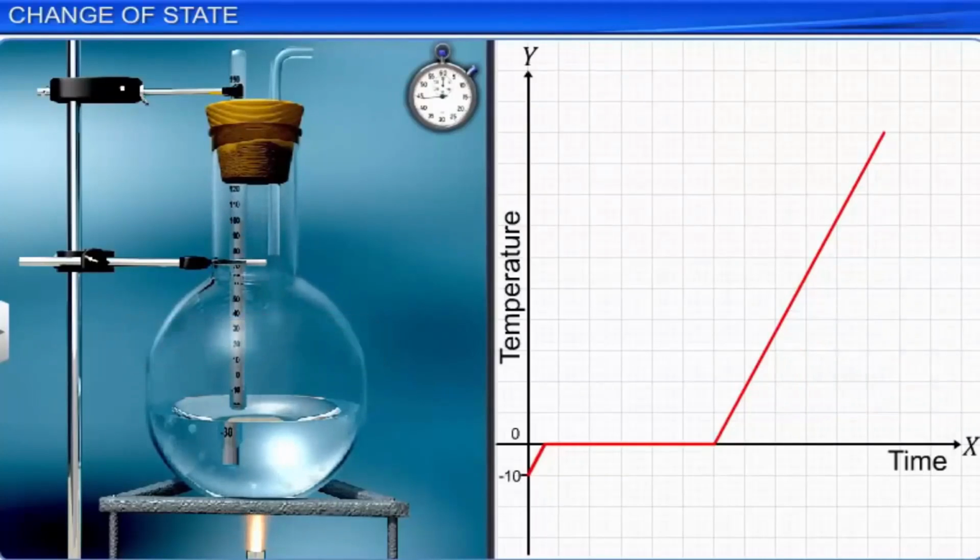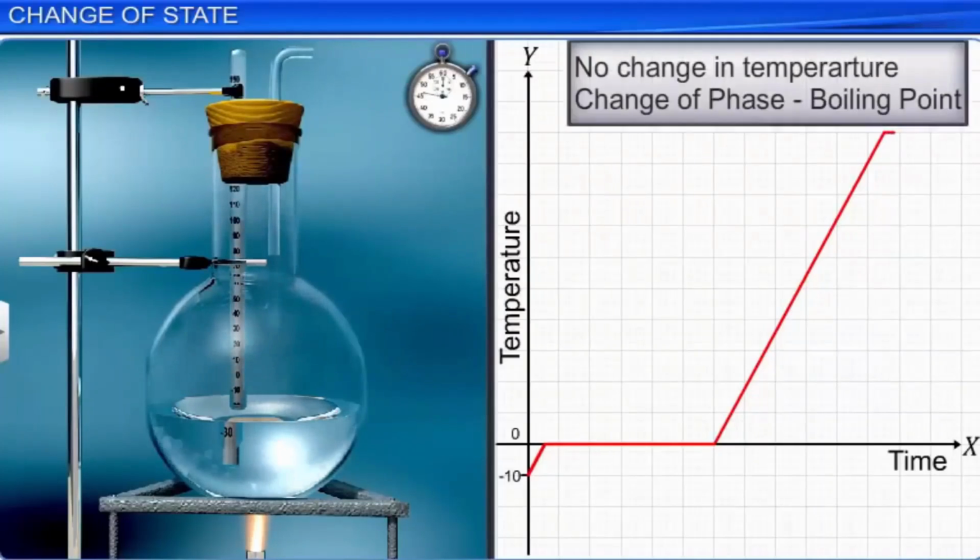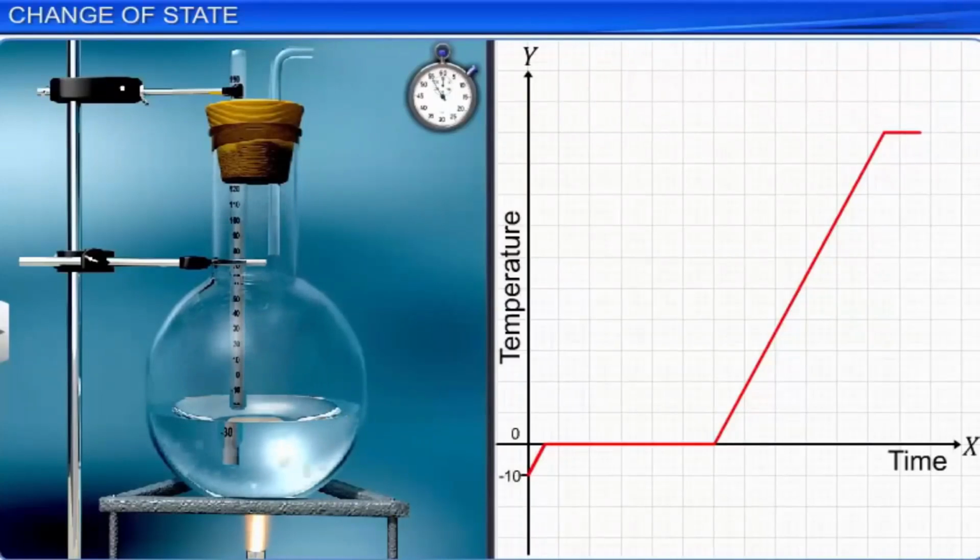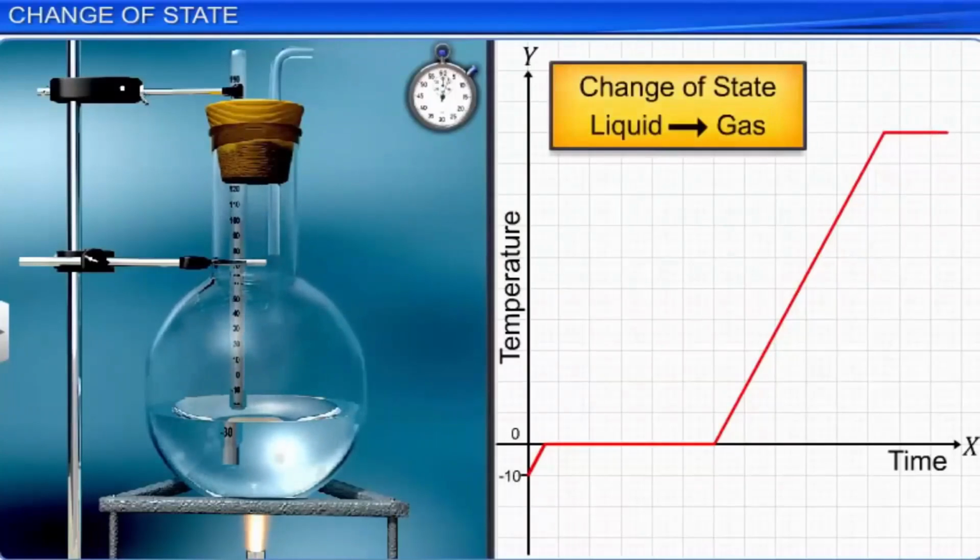At this point, once again we observe no change in the temperature of the water, even though the water changes to water vapor. Even if we continue heating, the temperature of the water remains constant, and the heat absorbed is used to change the state from liquid to gaseous state.